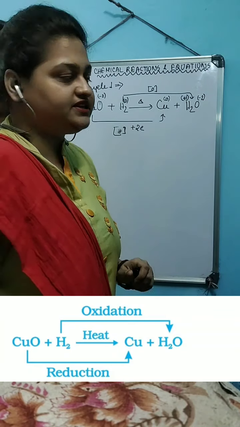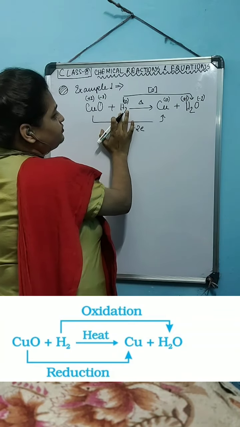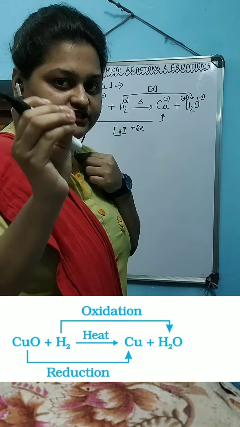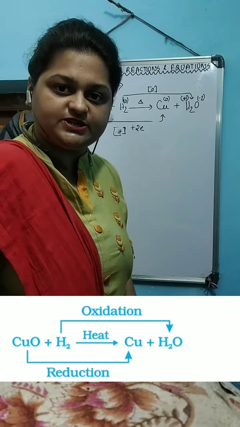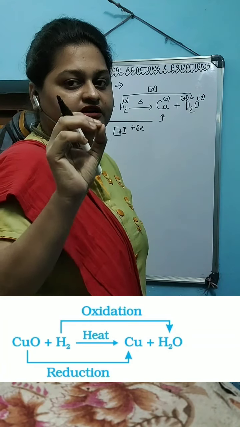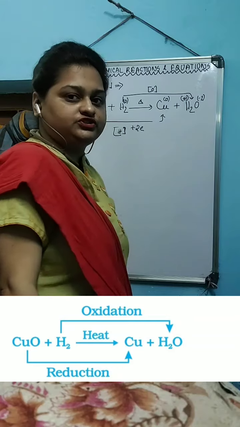On the other hand, in this case, hydrogen was possessing neutral 0 charge before the reaction, and after the reaction it is possessing +1 oxidation state. Therefore, each hydrogen atom must have released 1 electron to go to the +1 oxidation state.